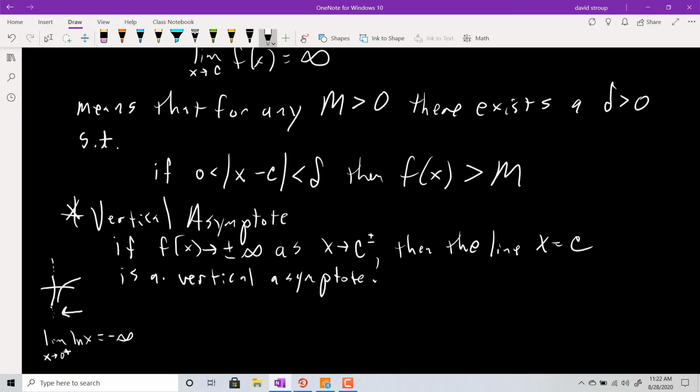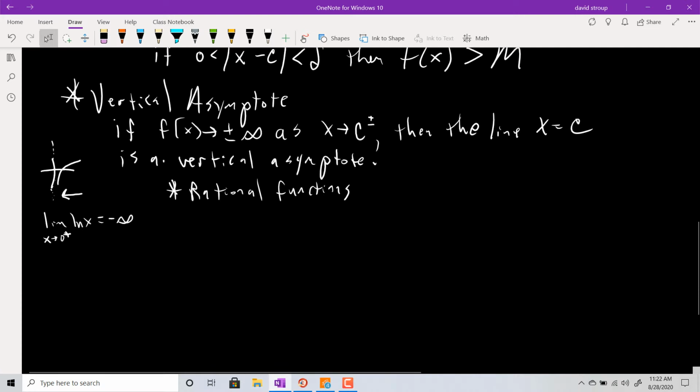Okay, what else? If you're working with rational functions, vertical asymptotes in rational functions, where rational functions are ratios of polynomials, right? For rational functions, you'll have an asymptote if the denominator is equal to 0 but the numerator is not.